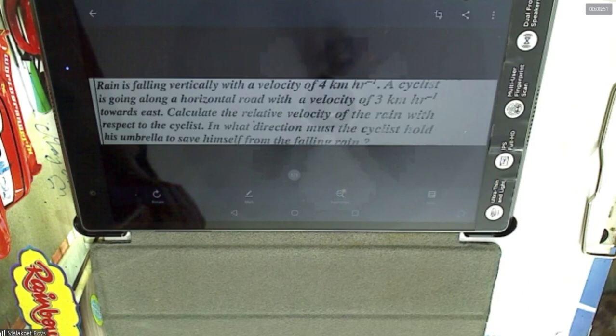Cyclist is going horizontally, that means cyclist is moving horizontally with a velocity 3I kmph. Do you agree with this? If the data is given.